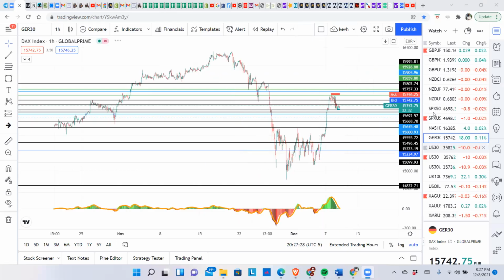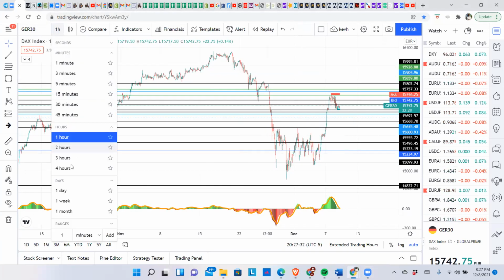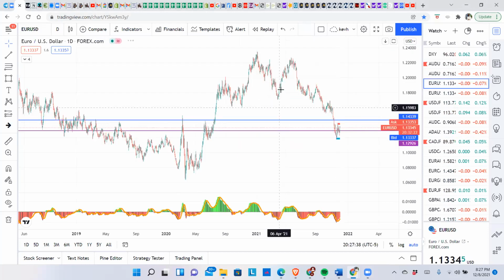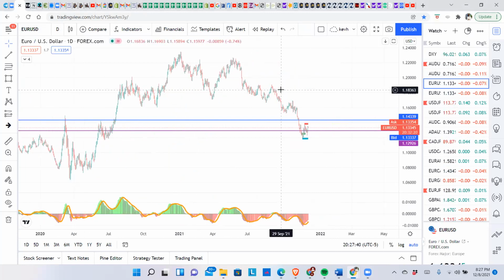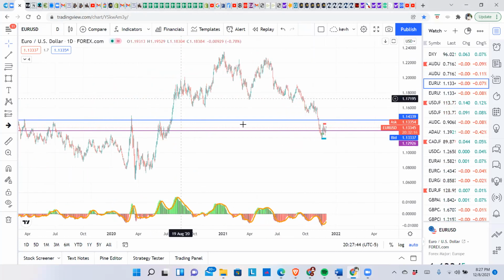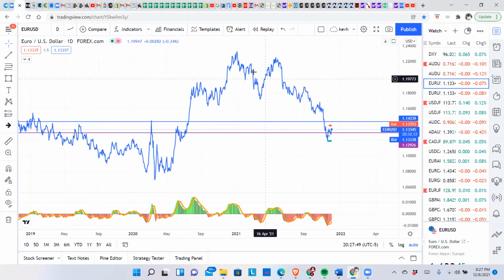I do know on the daily time frame I had seen, let's see. Now here we go. Okay, so this is EUR/USD on the daily time frame. Here we are. So you can see this right here, right?